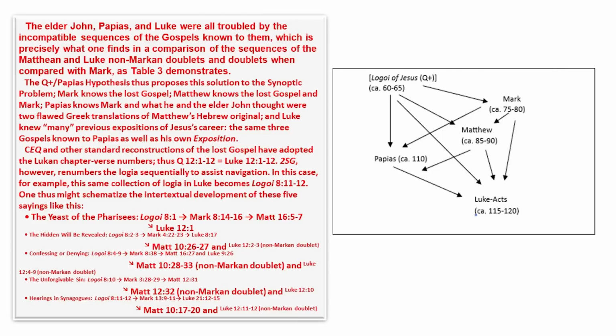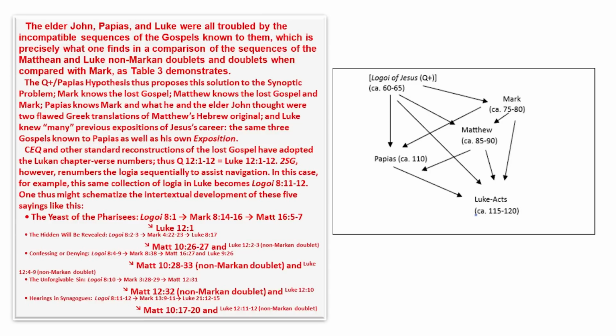Now, that's not what happens if you're independently working with oral tradition, but it does happen if Mark is modifying a saying. He puts it in a more secondary way, and Matthew and Luke repeat both of them.